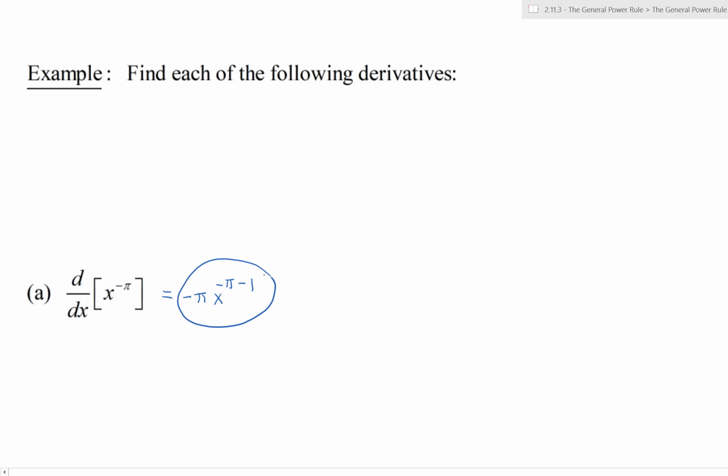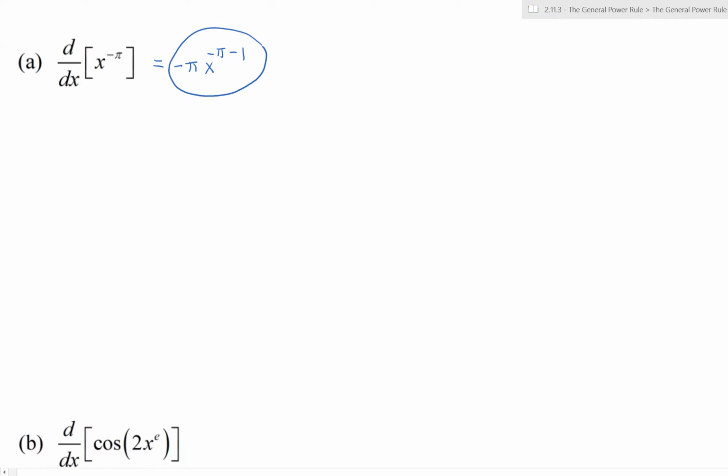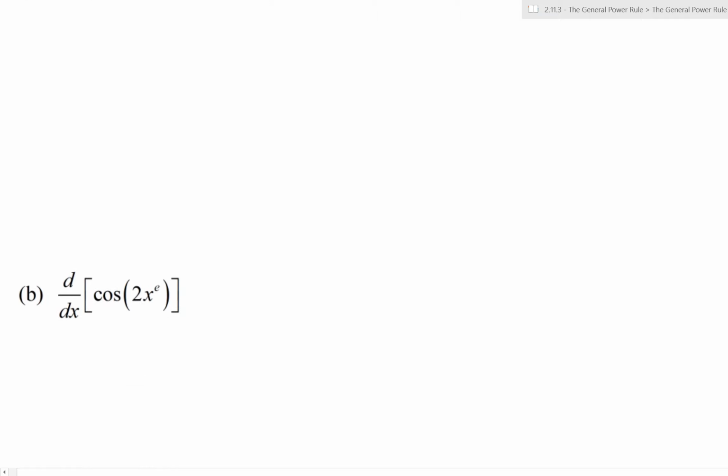Power rule, power rule. How about if we were asked to find the derivative of cosine of 2x to the e power with respect to x? Well, this is a chain rule, of course. That's the same as the derivative with respect to x of 2x to the e power times the derivative of the cosine function, negative sine of that stuff, 2x to the e power.